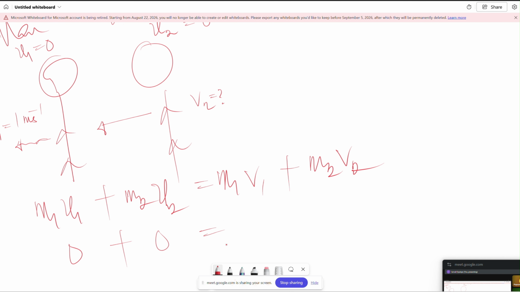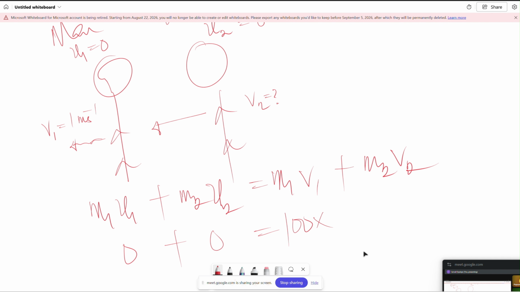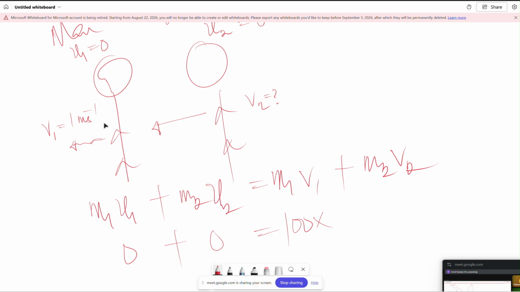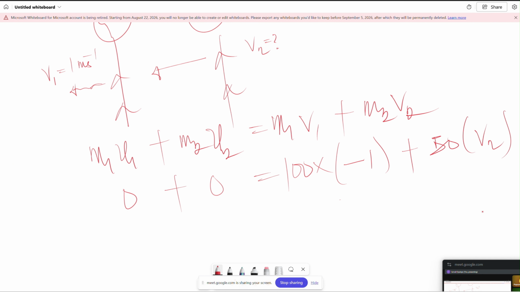Now M1, mass 1, is 100. Final velocity of the man: they said it moves backward, right? So it's moving in the negative x axis. Because it is moving in the negative x axis, I'm going to attach negative 1 there. Plus M2. M2 is 50, and then V2, that is what you are looking for.